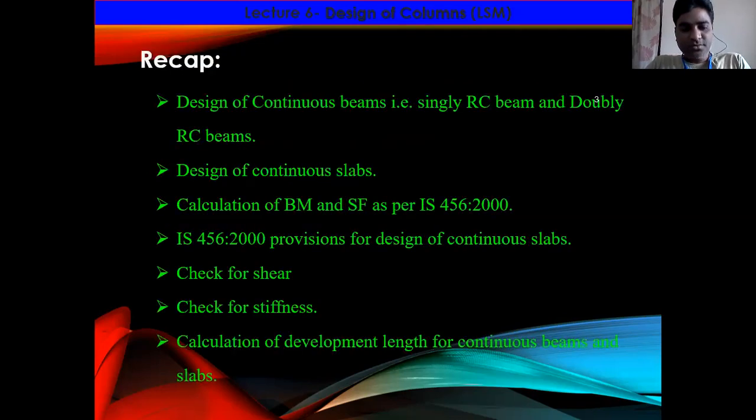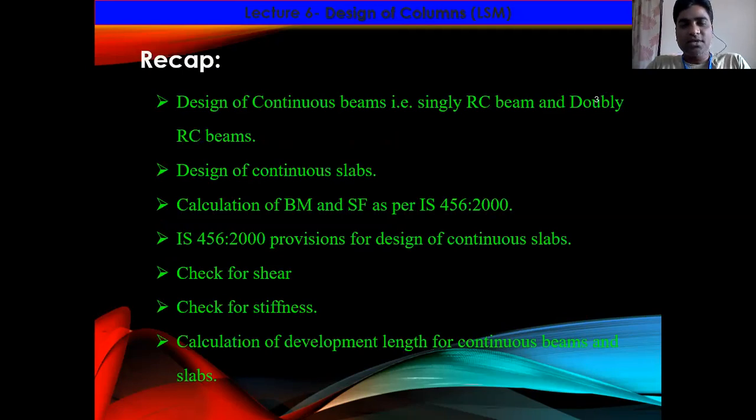Before going to today's topic, let us recap what we discussed last class. Till last class, we discussed the design of continuous beams, that is, how to design singly reinforced rectangular beams as well as doubly reinforced rectangular beams.